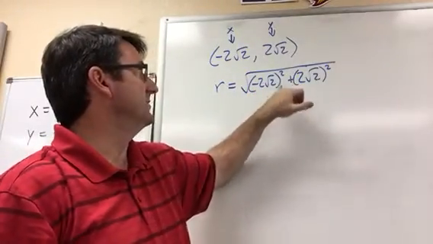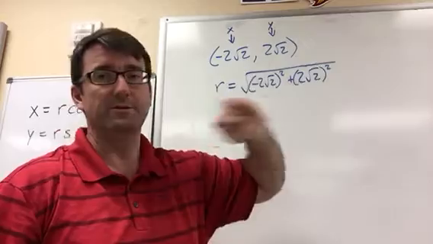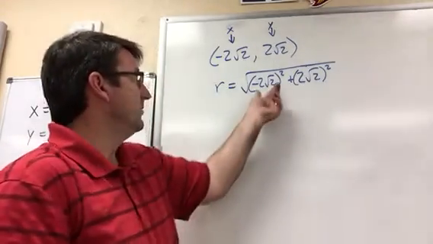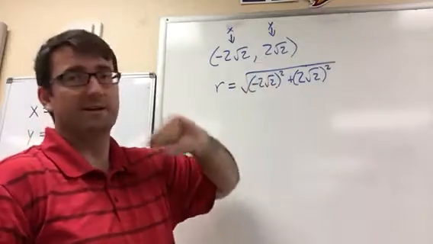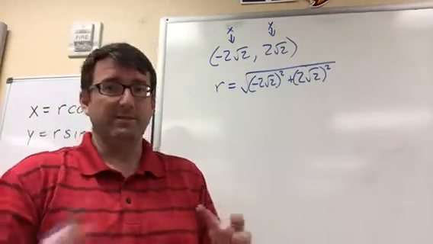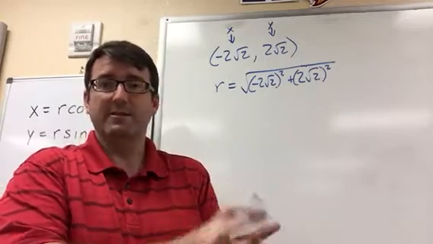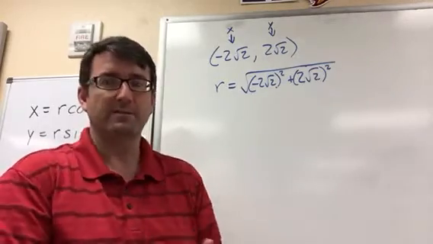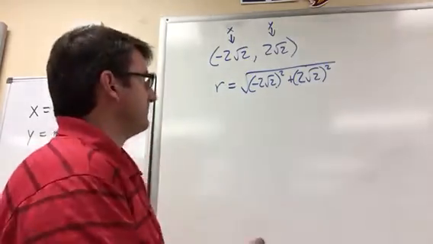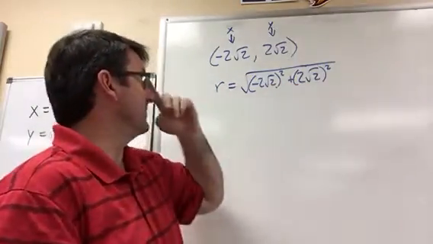Negative 2 square root of 2 squared and 2 square root of 2 squared are both going to be positive. Make sure that when you're doing these, you don't make this a negative number. Anytime you square a number, it's going to be positive, because if it's positive, then a positive times a positive is positive. If it's negative, a negative times a negative is positive. So make sure you're getting positive numbers for those.